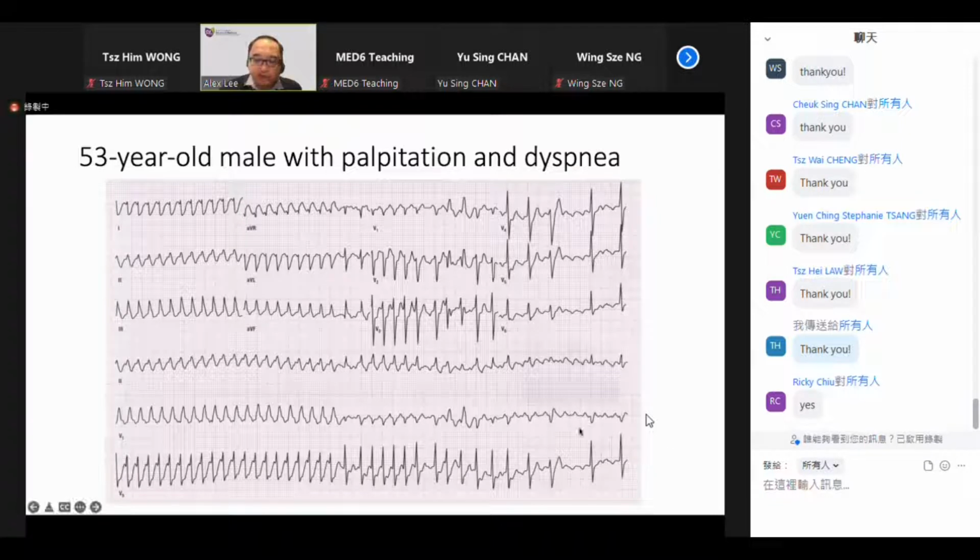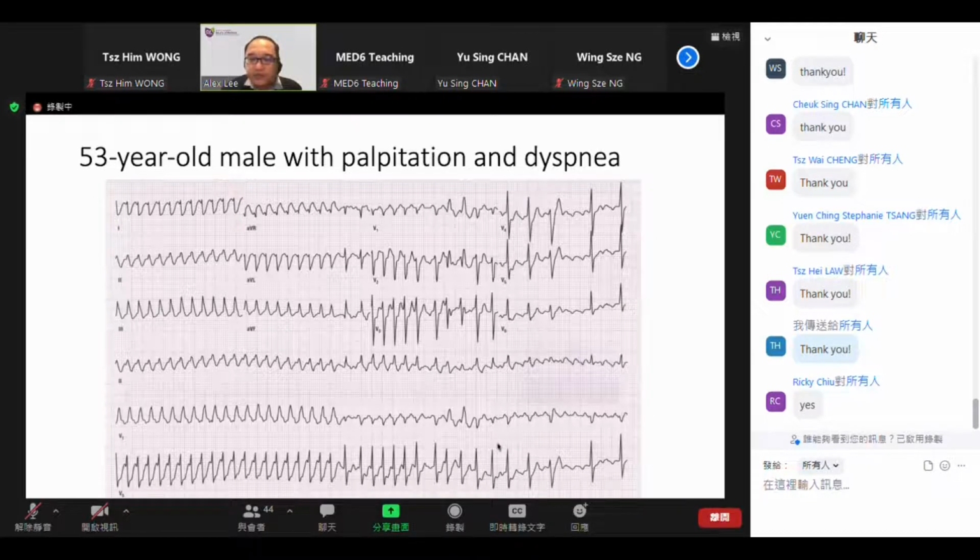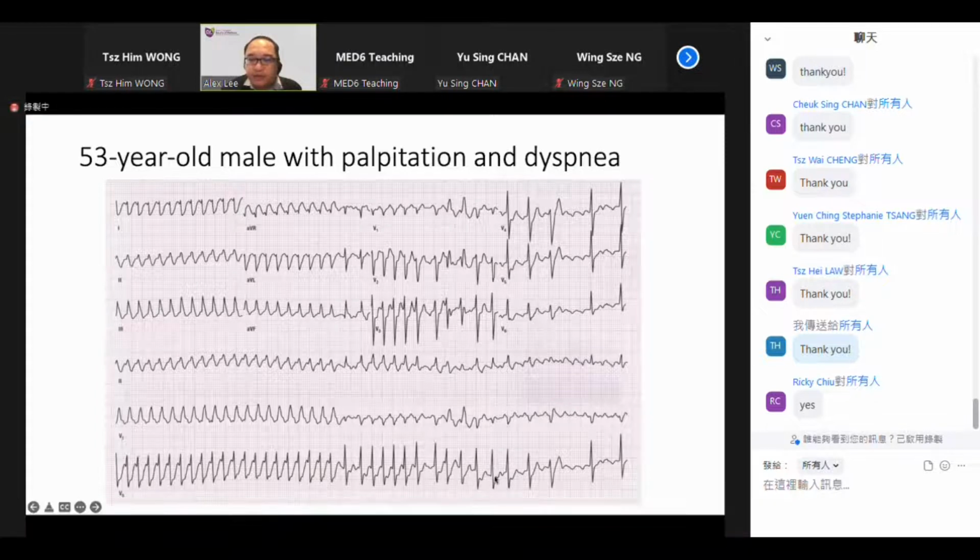Therefore, the QRS complex becomes narrower. And later you are right that the SVT aborted, and there is conduction through the AV node, and the QRS complex becomes normal.